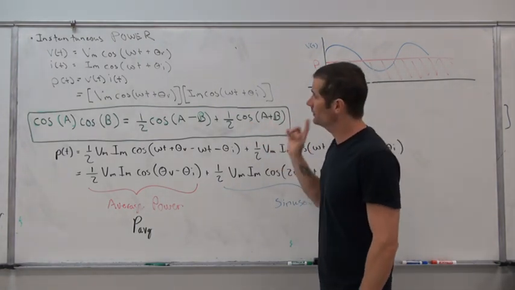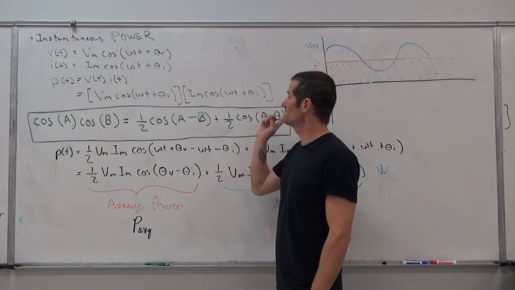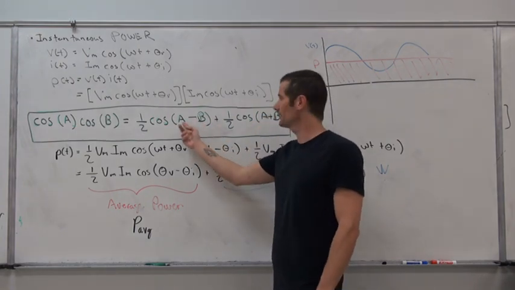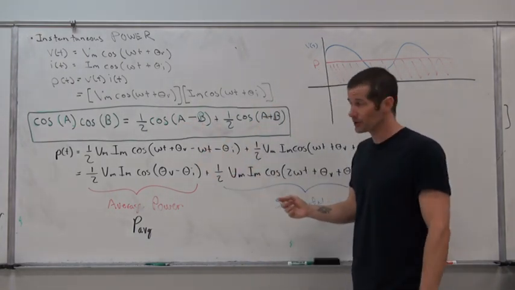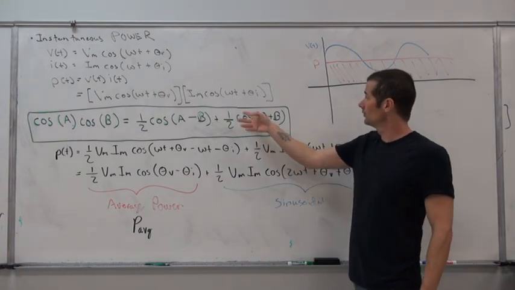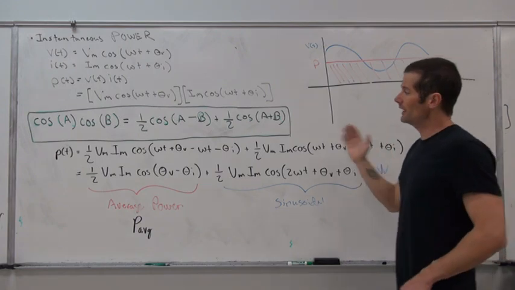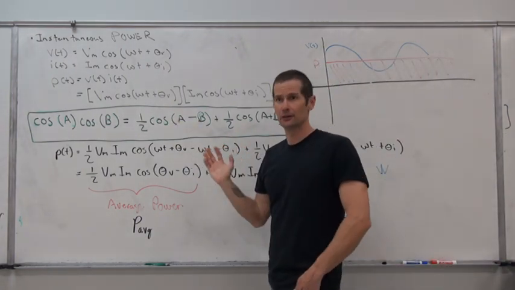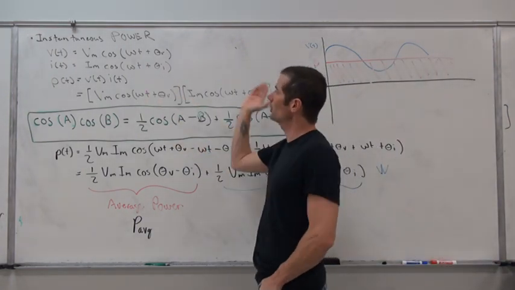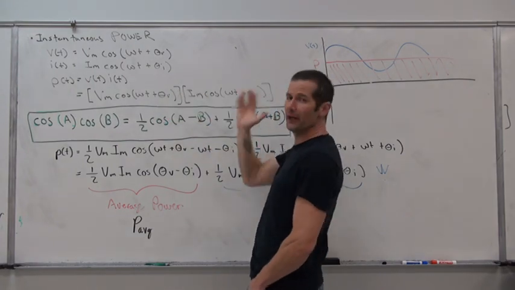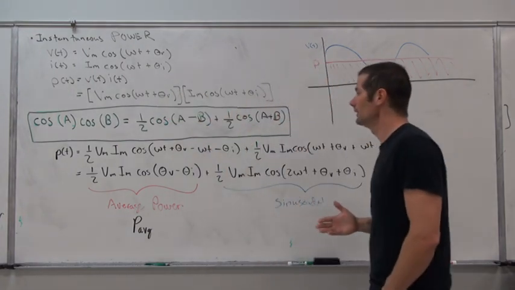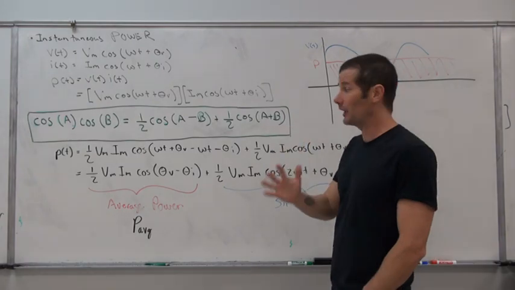Or in other words, we're taking the argument of B and subtracting it from A for the first portion, and then for the second portion, we're adding both arguments together. Now, when we apply this identity so that we can appropriately multiply these two sinusoids together, what we get is the following.